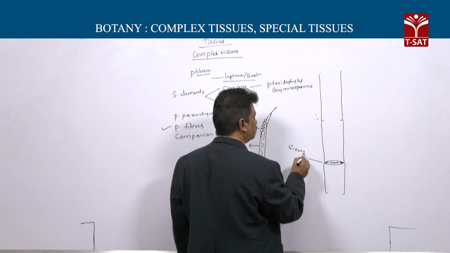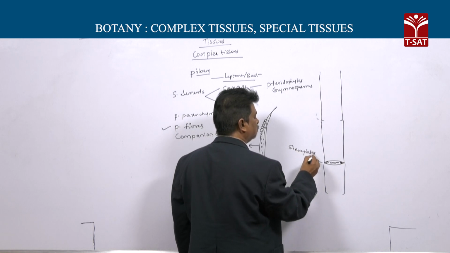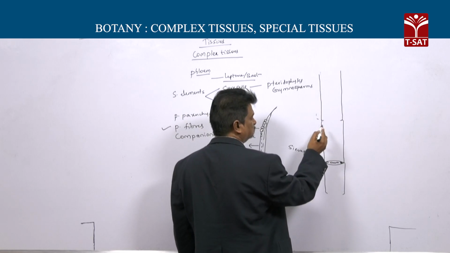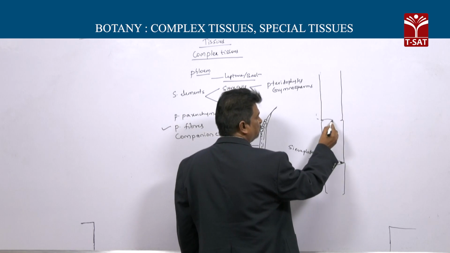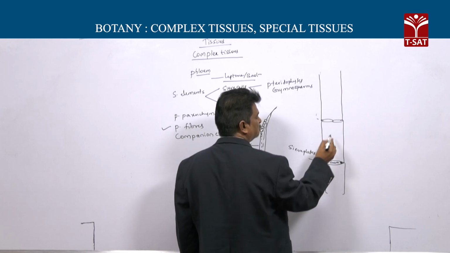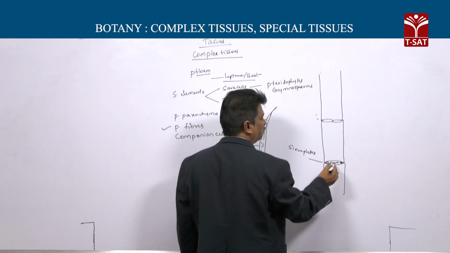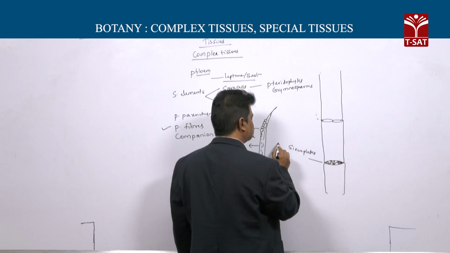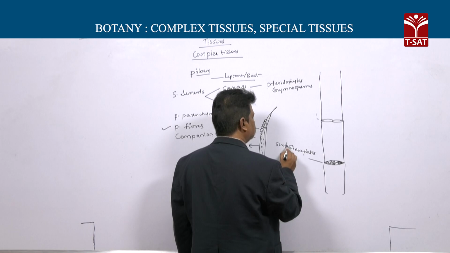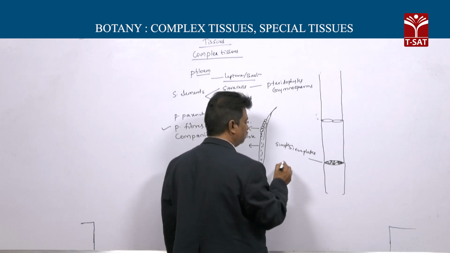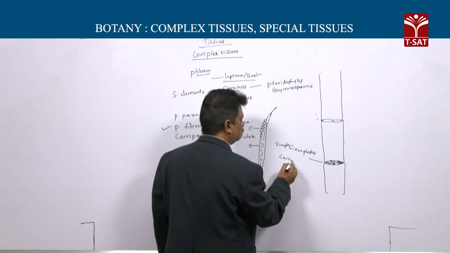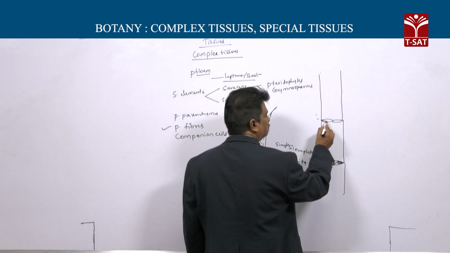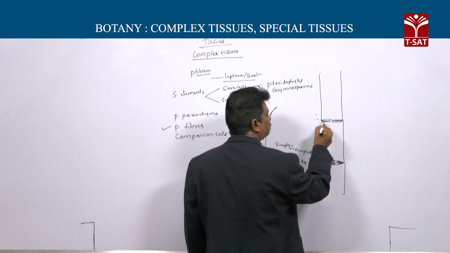Hence, these are called sieve plates. Generally, sieve plates are oblique, and sieve plates are of two types. Simple sieve plate: the entire end wall is only one sieve plate. Example for simple sieve plate, Cucurbita. The next one, multiple or compound sieve plate.